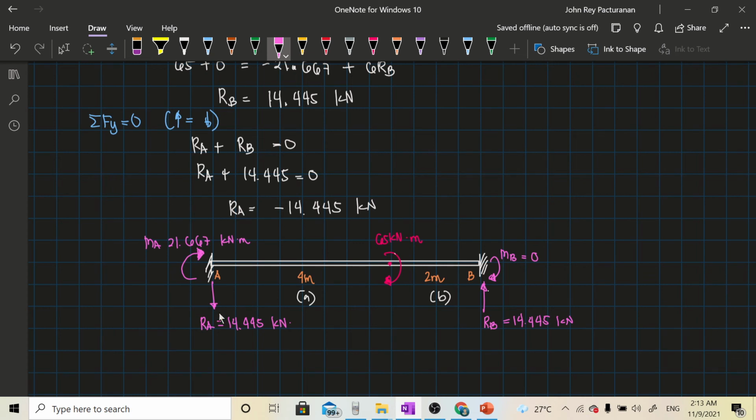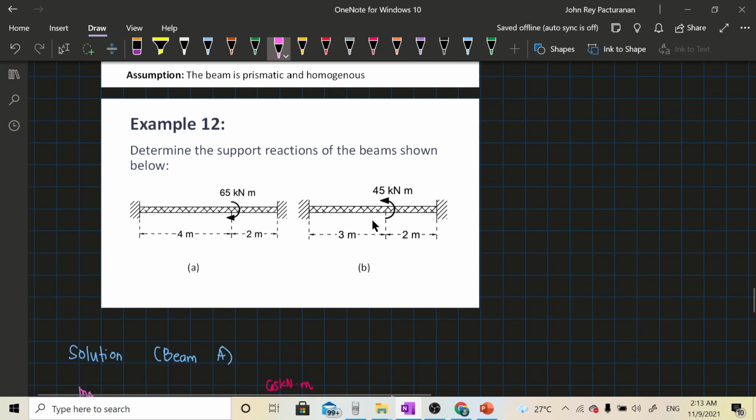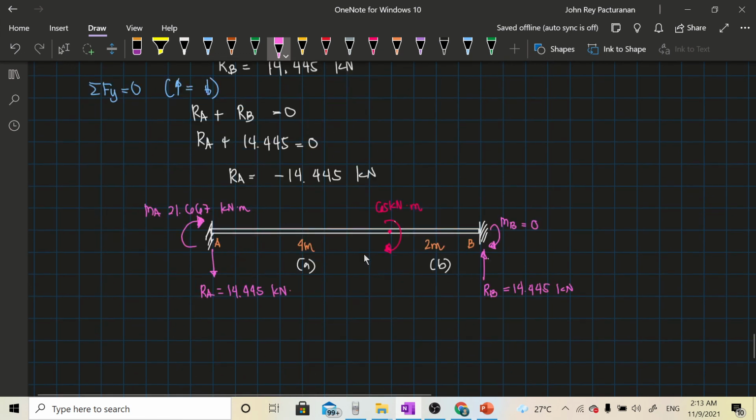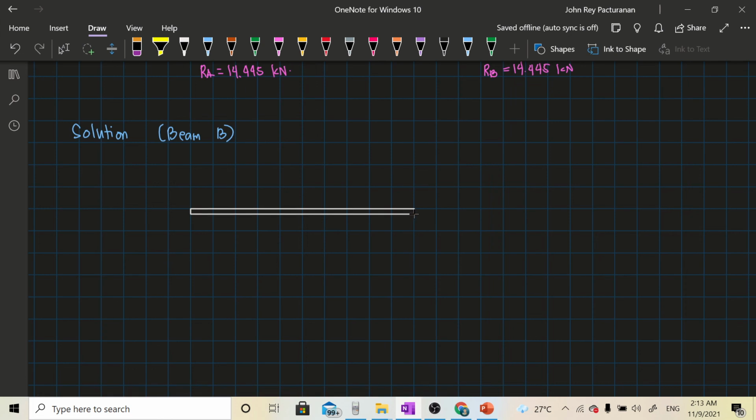So yes. So next, proceed tayo sa beam B. Counterclockwise lang na 45 kilonewton meter. Okay, so proceed tayo for solution sa beam B. Here, we can again sketch the beam. So sobrang laki.